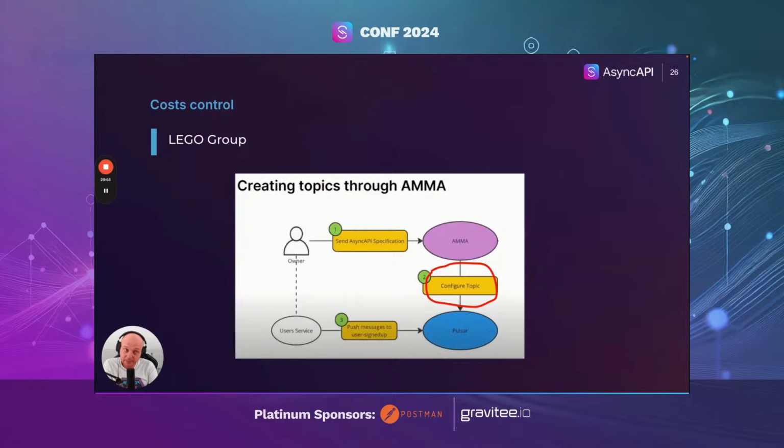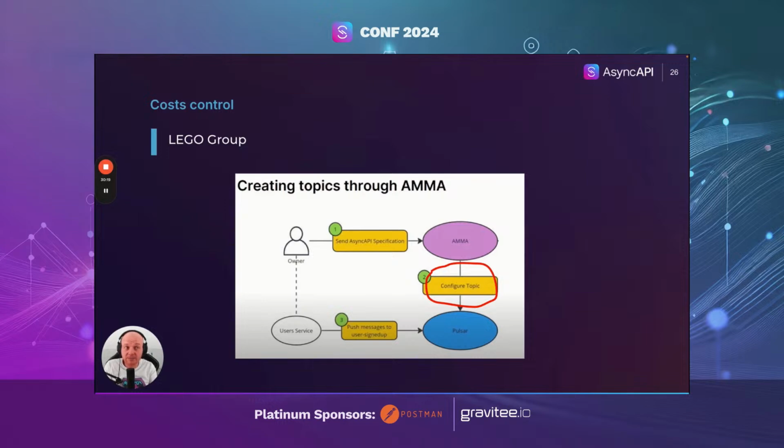But at the same time, the infrastructure team enabled the API that any team can upload their AsyncAPI documents to. And as a result, they basically go to the teams and tell them, hey, send us your AsyncAPI document if you need the topic really quickly.